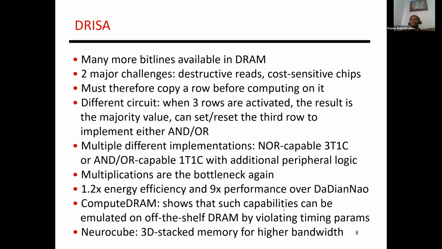And like was already mentioned in the first question I answered, you have to deal with the fact that DRAM cells have destructive reads, right? When you read something out of the DRAM cell, the charge in the capacitor actually gets placed on the bit line, and that charge is lost.